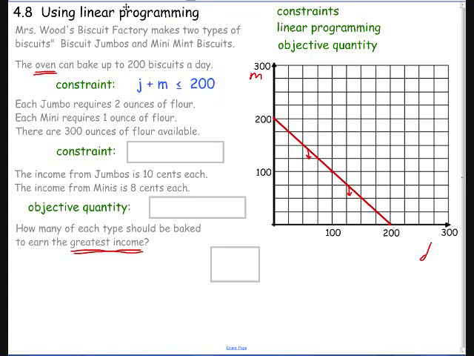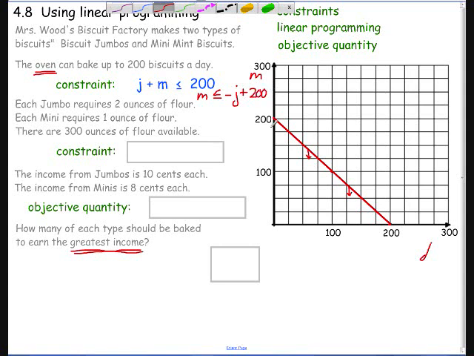So let's see what that would look like if I wrote it out. Jumbos plus minis is less than or equal to 200. And in graphing this, I would say M less than or equal to negative J plus 200.